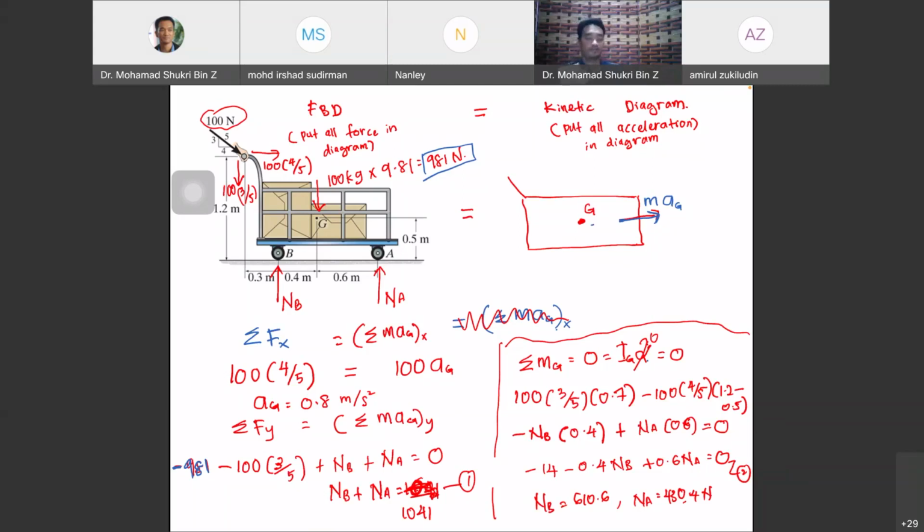Okay, saya explain balik. Okay, so untuk solvekan problem ni, okay, you need to draw FBD. Okay, draw FBD. FBD ni to put all force dekat diagram ni. Okay, kita ada force handle ni.